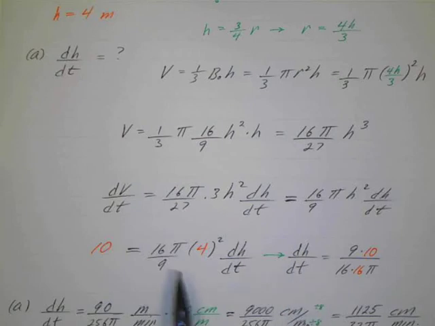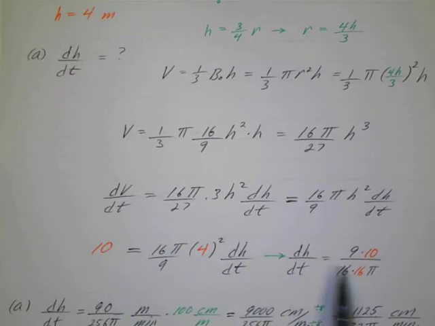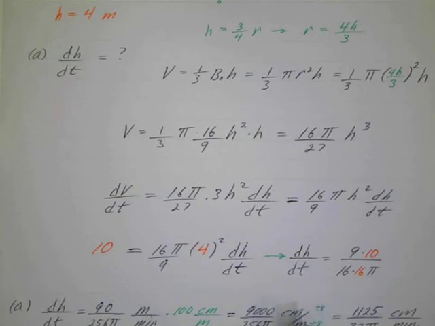So dh/dt equals 10 multiplied by 9 divided by 16 pi times 16. I reverse the order so it's to the right of what I'm looking for. It makes it a little bit easier to work it out like that.